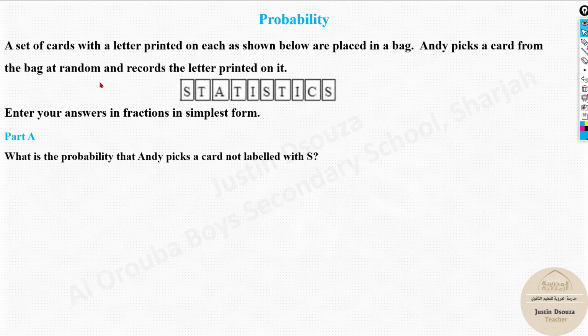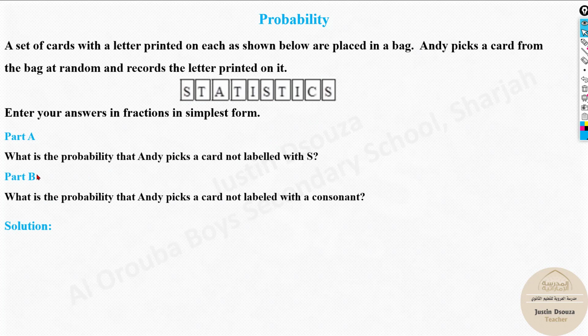Now here, for part A, they have asked what is the probability that Andy picks a card not labeled with S. Not labeled with S means everything other than S. And another one is cards not labeled with consonants. So we'll come to both of these.